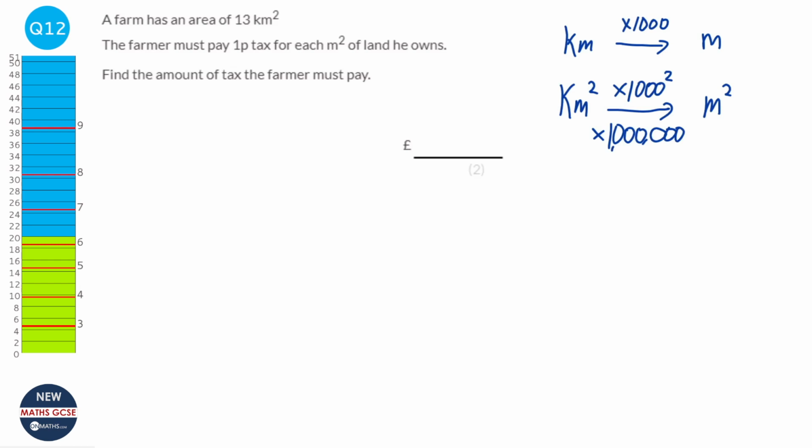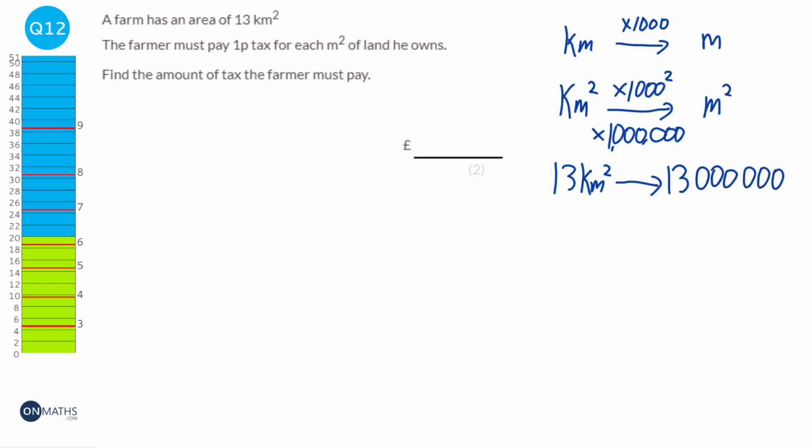So 13 kilometers squared is going to be the 13, and then it's going to be times by 1,000,000. So it's going to be 13 million. Now, it says here the farmer must pay 1 pence tax for every metre squared. So this is going to be 13 million metres squared.